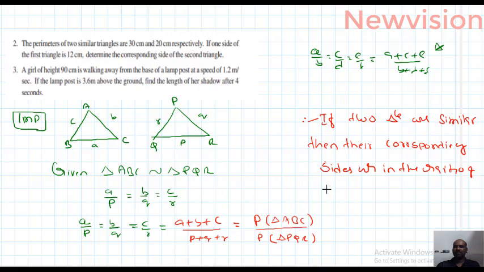If two triangles are similar, then their corresponding sides are in the ratio of their perimeters.